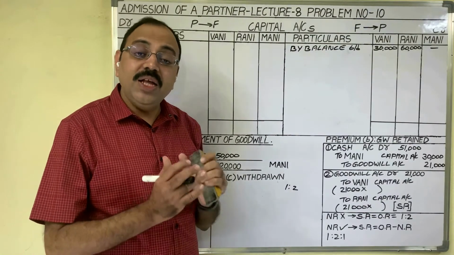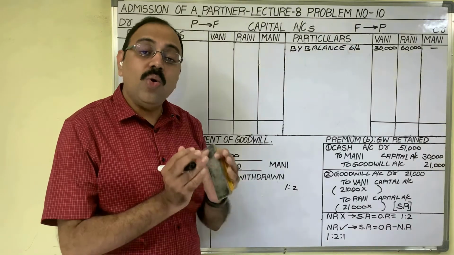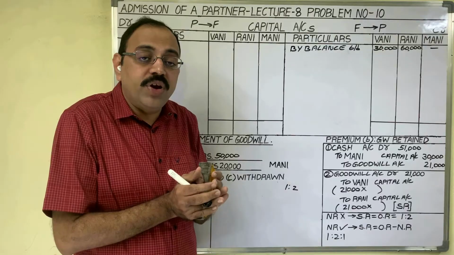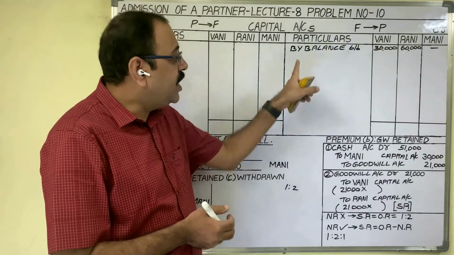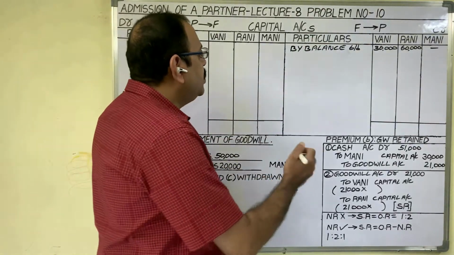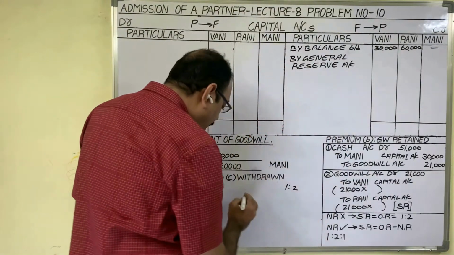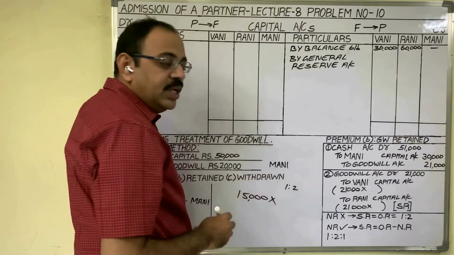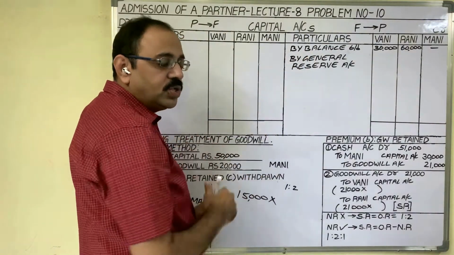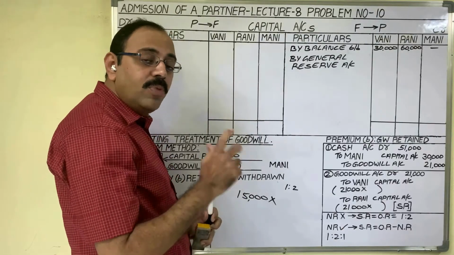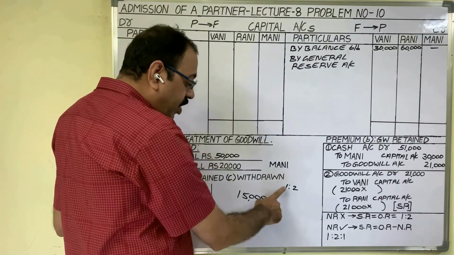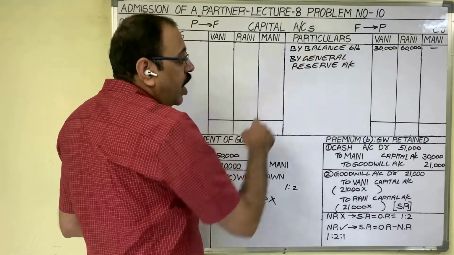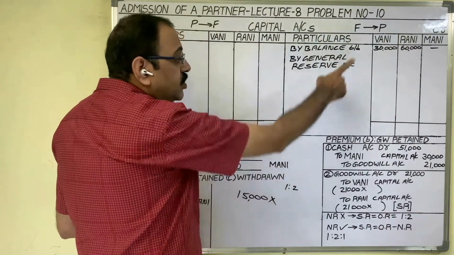Accumulated profit, undistributed profit, belongs to the old partners. If a partner is retiring, the firm should pay this accumulated profit amount to the partner, which means we show it on the credit side, by general reserve. In the old balance sheet liability side, the amount is given as 15,000 rupees. This 15,000 belongs to the old partners now. They should take this amount in the old profit and loss ratio. Old profit and loss ratio is 1:2. 1/3 belongs to Vani and 2/3 is for Rani.